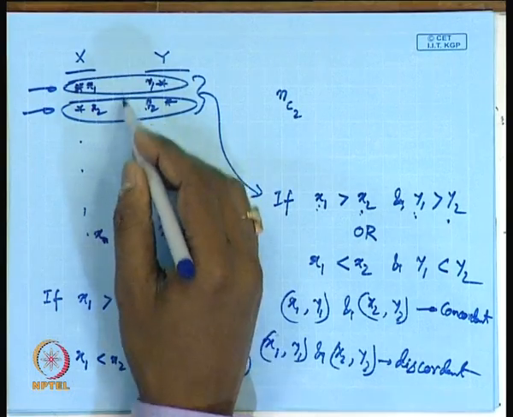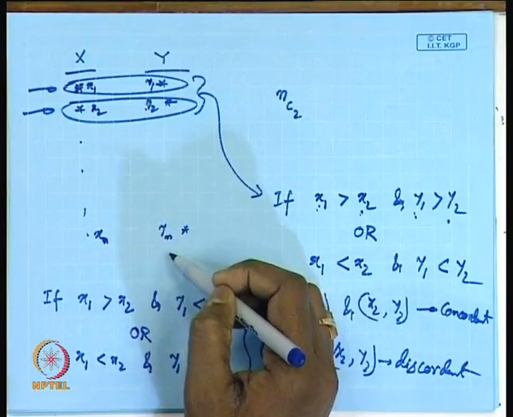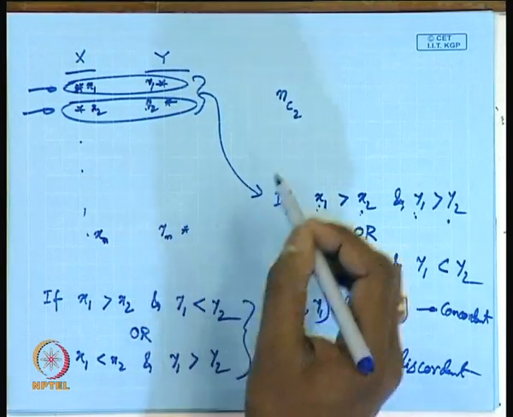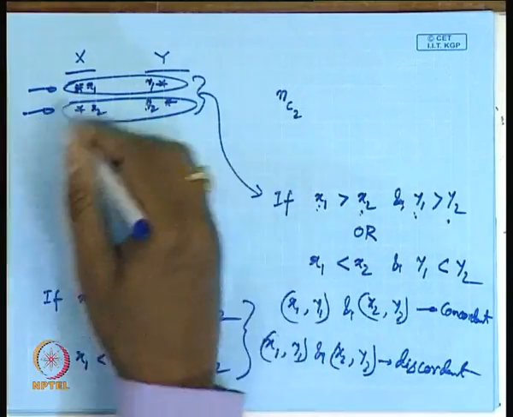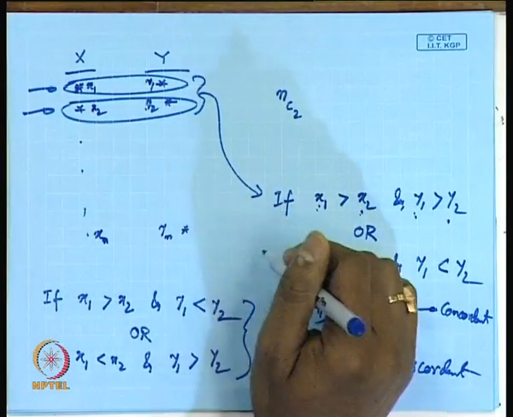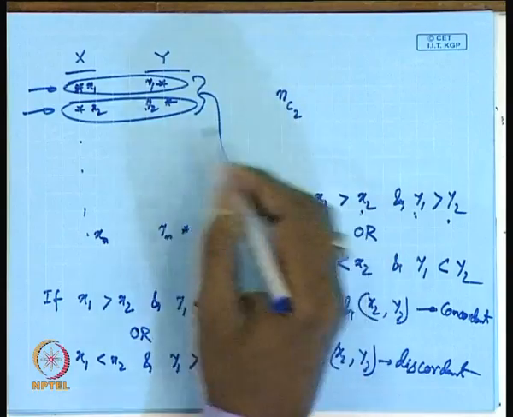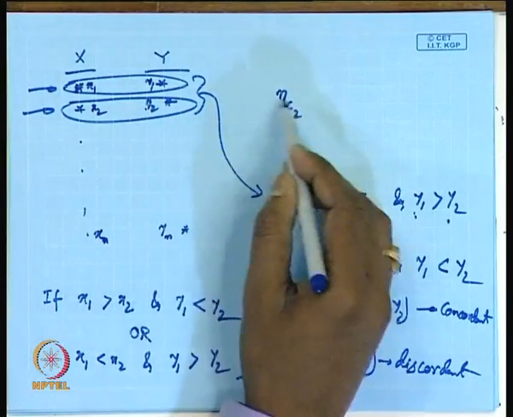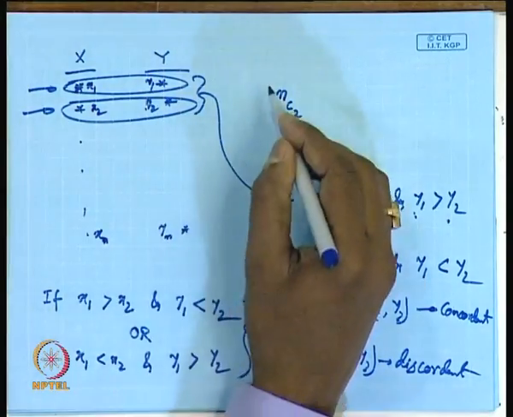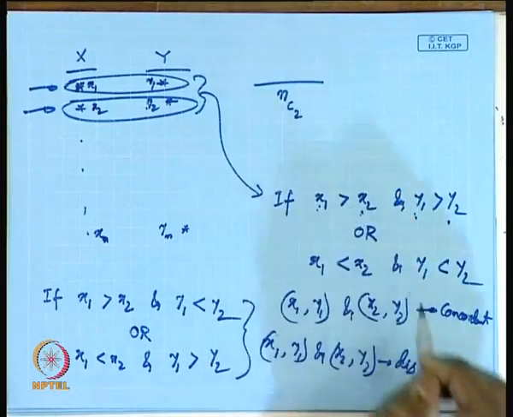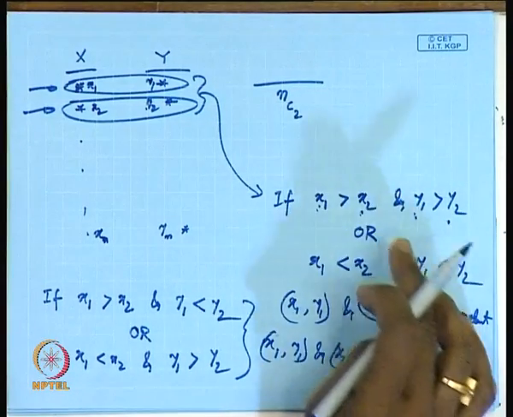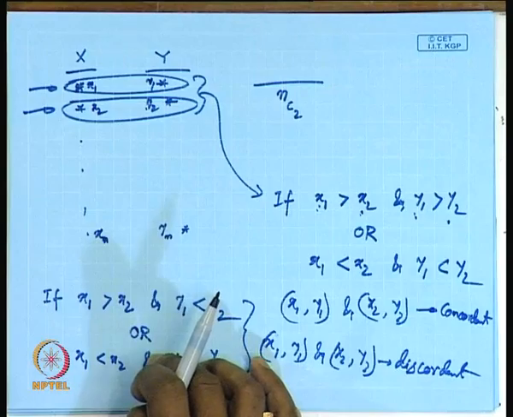Now, out of the n pairs that are available to us, the total number of ways we can select two pairs is NC2. Out of these NC2 choices, a few will be concordant and a few will be discordant.